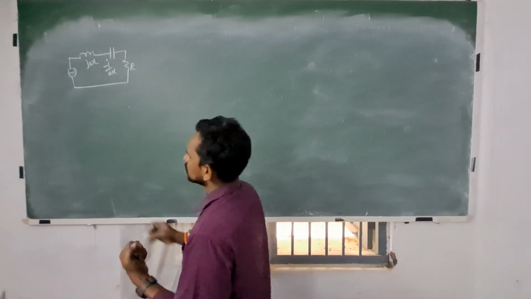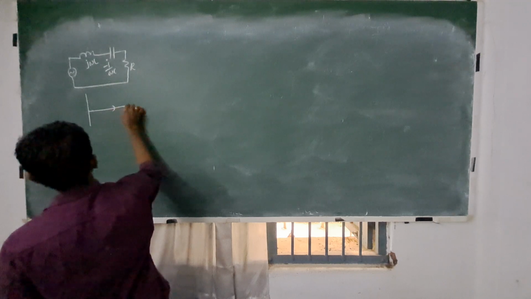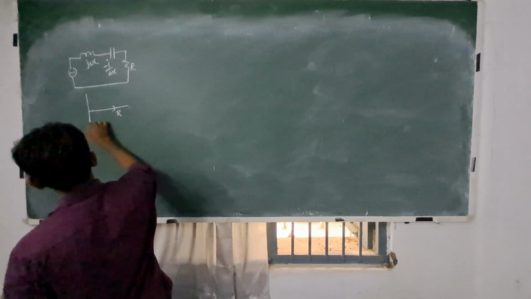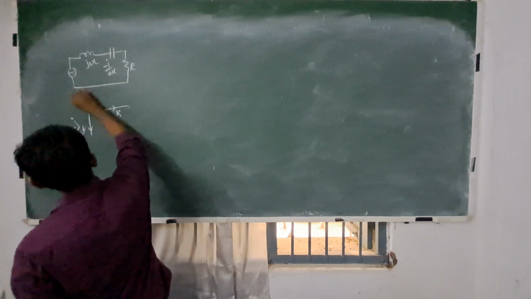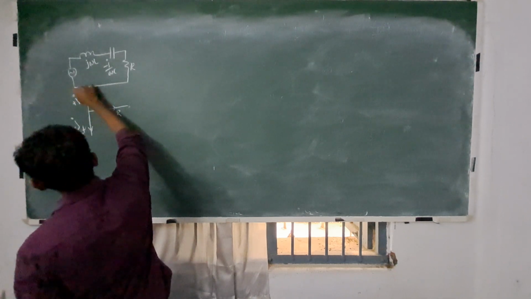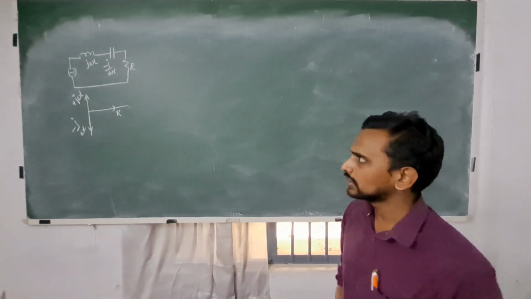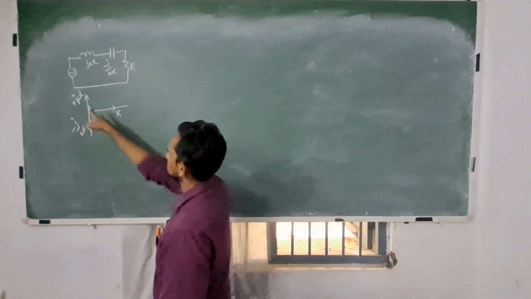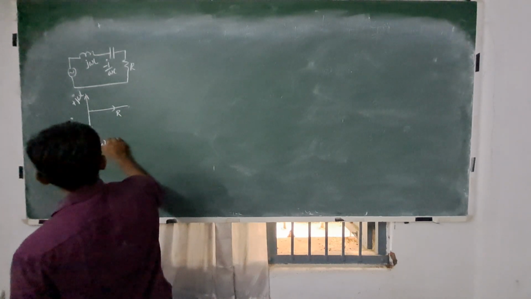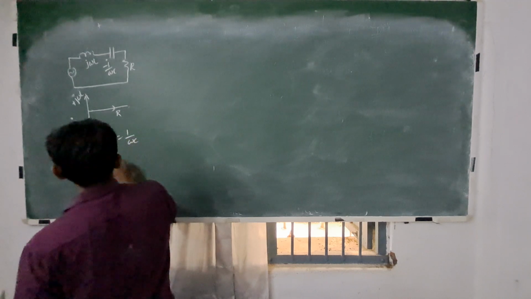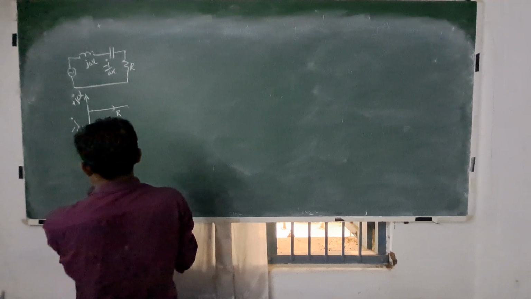Okay, so here the phasor diagram will have three components: R, minus J by omega C, and J omega L. If these two are equal, if omega L is equal to 1 by omega C, then the circuit is purely resistive.